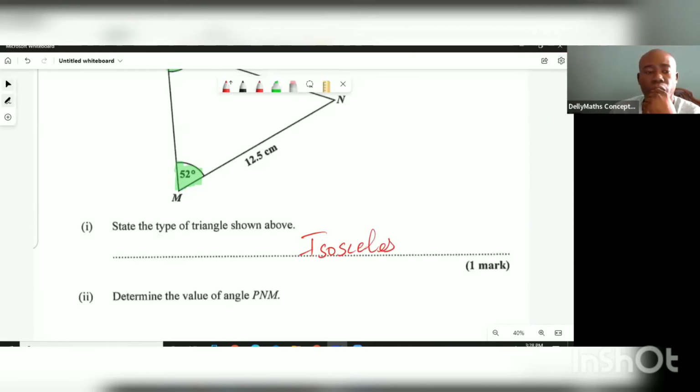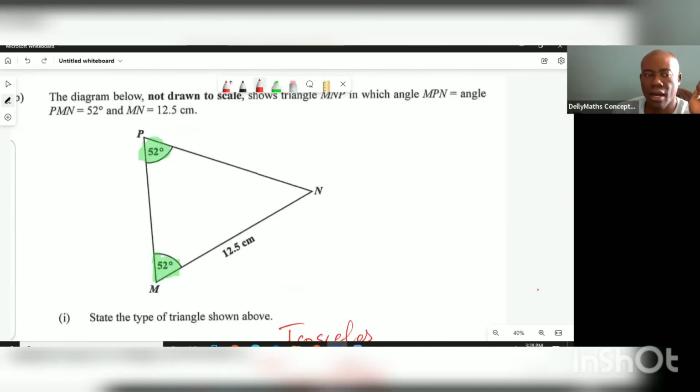All right, so the moment these two angles are equal, it is telling me that this side is equal to that side. So definitely I could write 12.5 centimeters here as well, because these two sides are equal since these angles here are the same. So those are just extra information. I normally label them as I go forward.